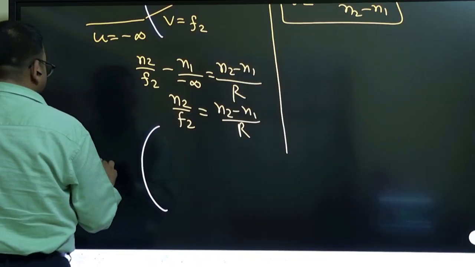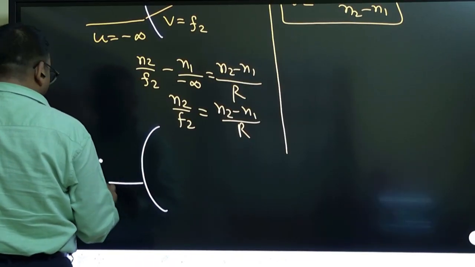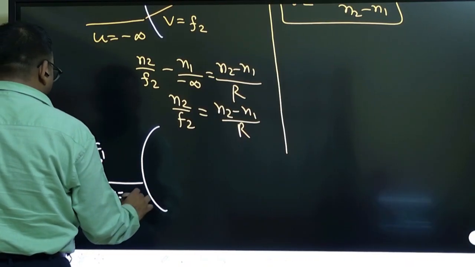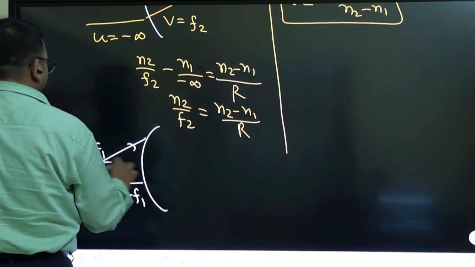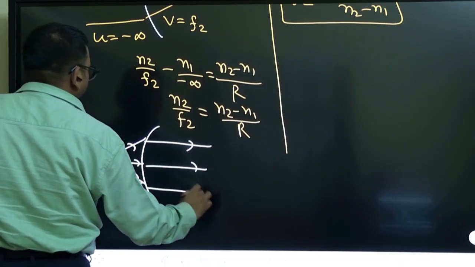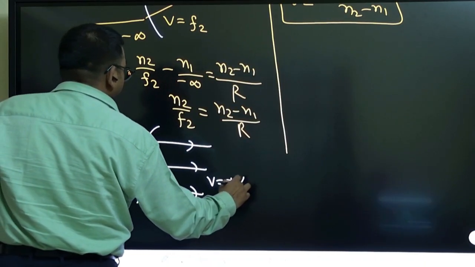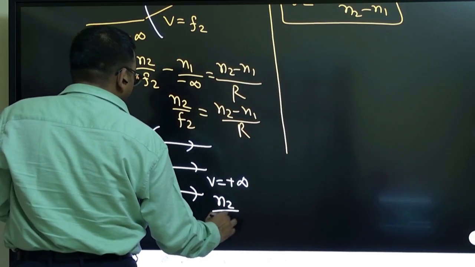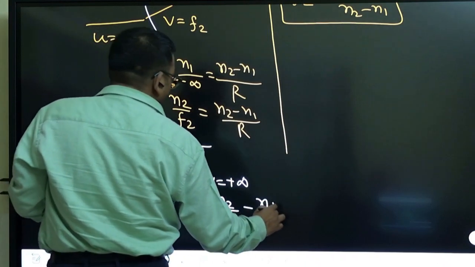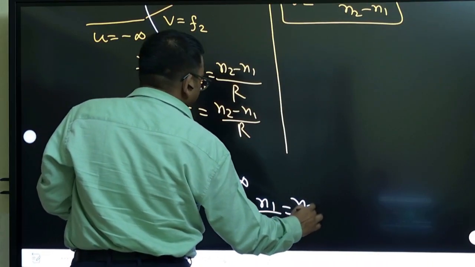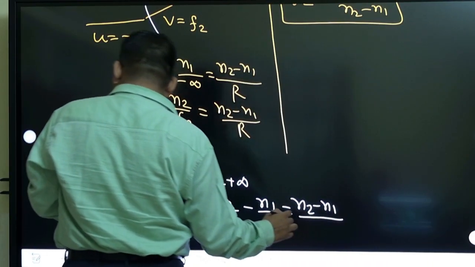If I take the object here, then this will be the focal length f1, and this will be u. U will be written as minus f1. Then the rays are going like this. These rays will become parallel. Then v will become plus infinity. And if I use the same formula, n2 by plus infinity minus n1 by u, which is minus f1, is equal to n2 minus n1 by r.